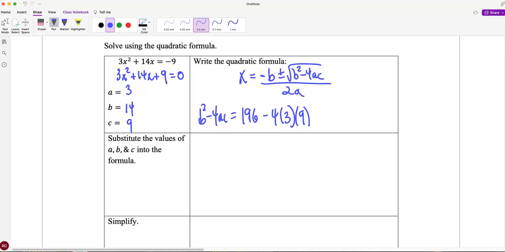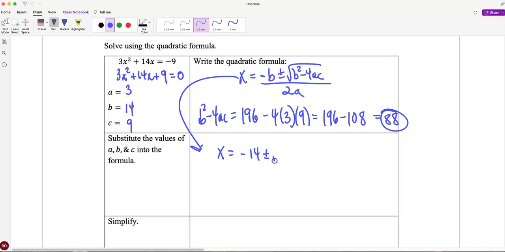So this is 196 minus 108. And so that gives me 88. So now use the quadratic formula. X is negative 14 plus or minus the square root of 88 over 2a. So this is negative 14 plus or minus over 6.